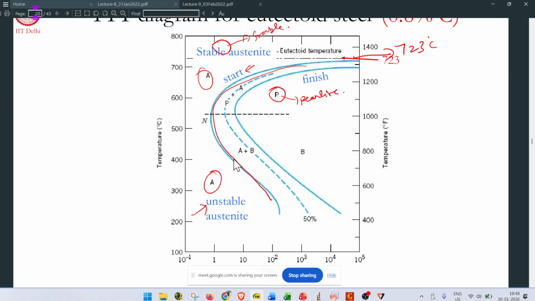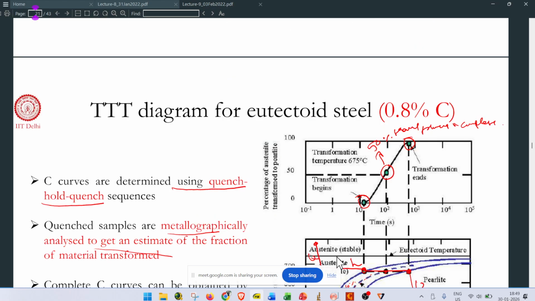After this is the nose point. Once we cool down, we will not touch the nose here, and it will reach here, then we will hold for some time so that it reaches the B region. The B region is nothing but a transformation pearlitic region. Then we hold for some time, then it will cool down, and then it will form the bainitic phase.